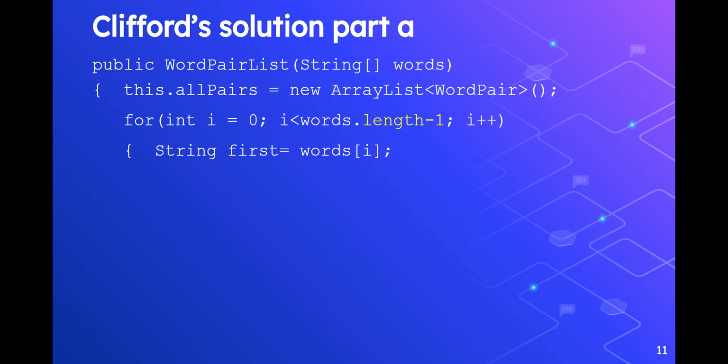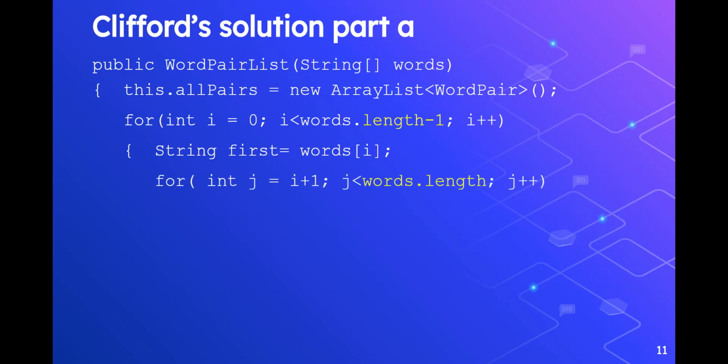Sometimes it's a little bit easier to write and read, and that's what you're going for. So every time through my outer for loop, I'm going to get the word at that particular element. You can see I'm starting at the first word of words, then going to the second and the third, and ending at the second to last.